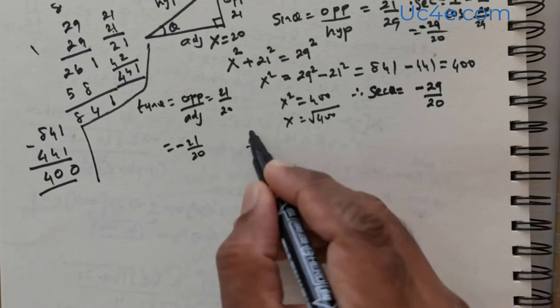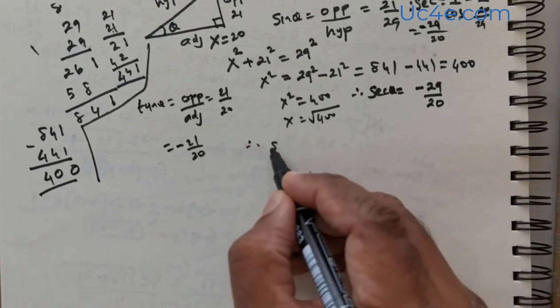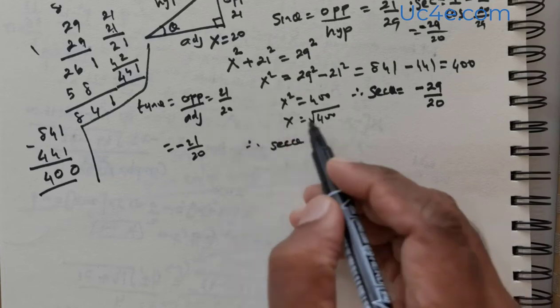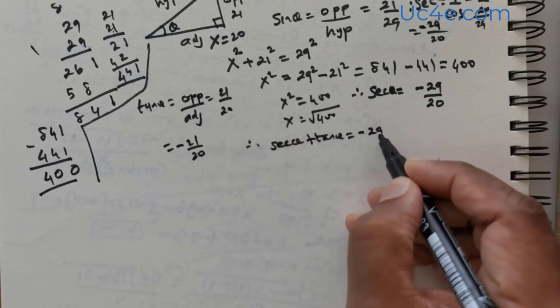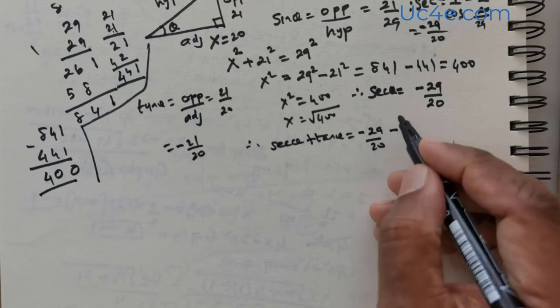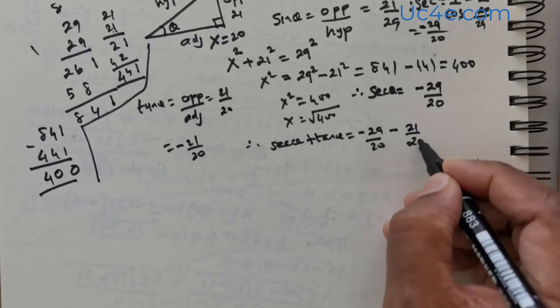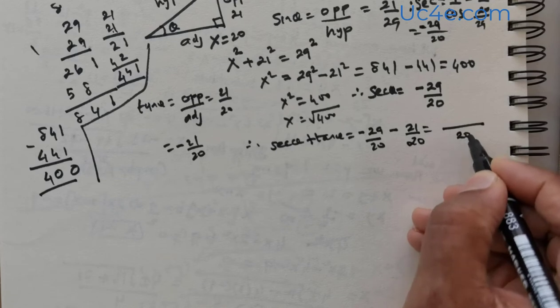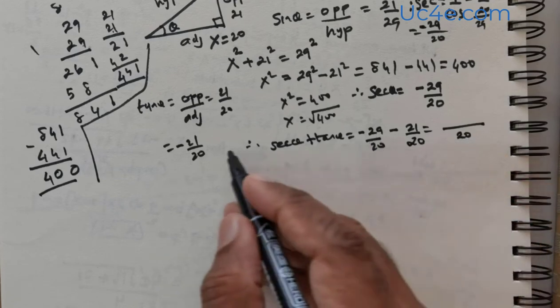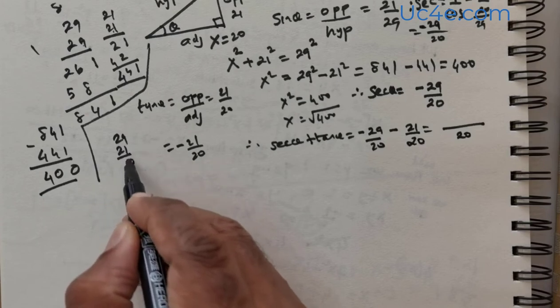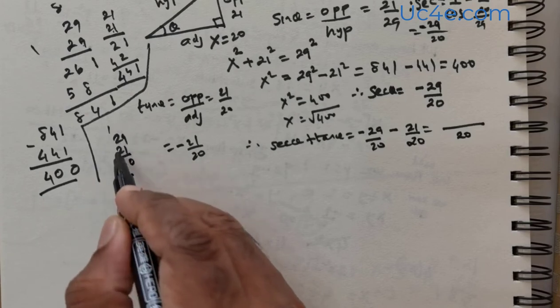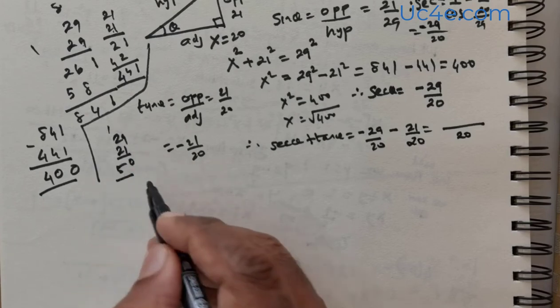Now since they are asking us to get the value of secant theta added with tan theta, this is going to be negative 29 over 20 added with negative 21 over 20. LCM is 20, and 29 added with 21: 9 added with 1 is 10, and then 2 with 2 is 4, added with 1 will give me 50.